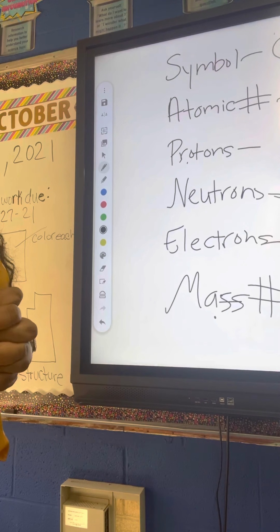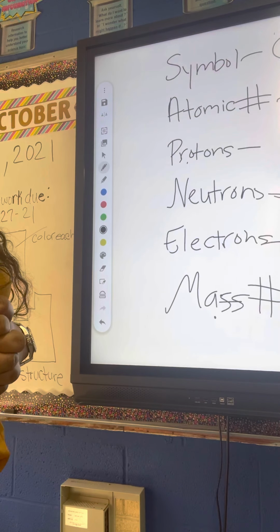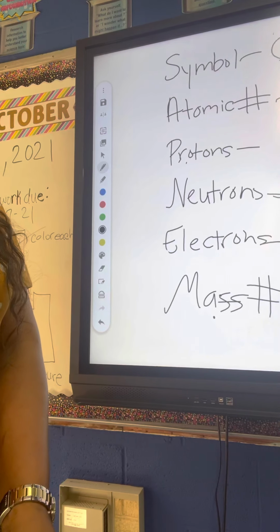Why are you subtracting 8 from 16? Because you subtract 8 from 16, it'll get your neutrons. That's how we get our number of neutrons. So 16 minus 8 gives us 8. So our number of neutrons is 8.